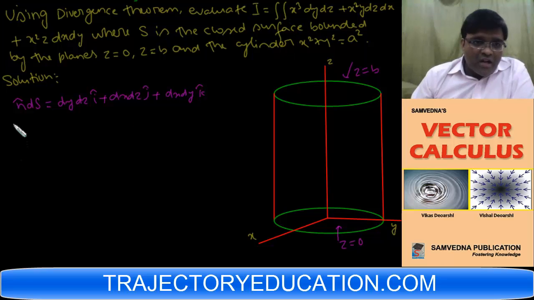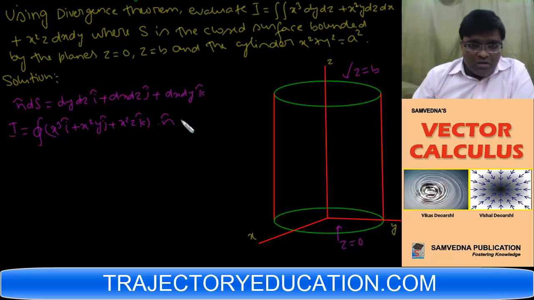So this integral I can be written as a surface integral of x cube i plus x square y j plus x square z k dot n dS. So this is your function, this is the function f, and this can be written as f dot n dS.